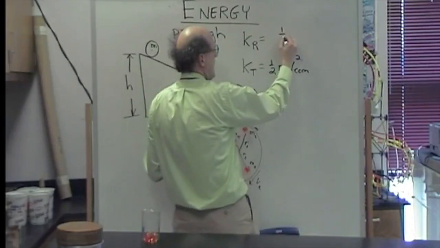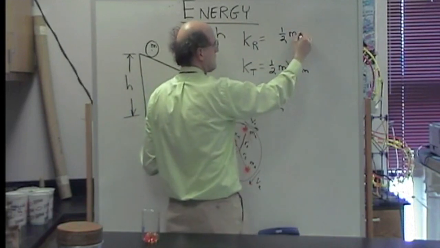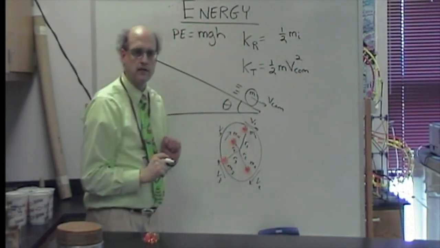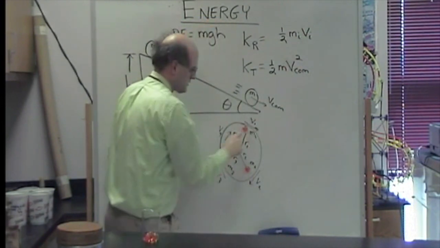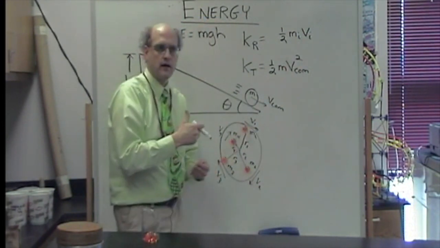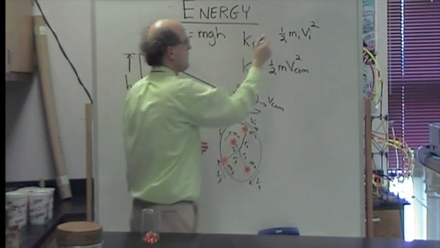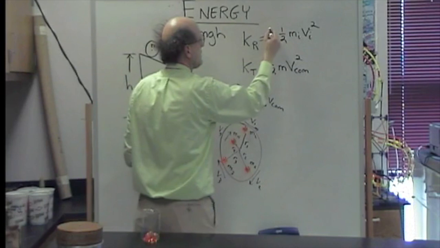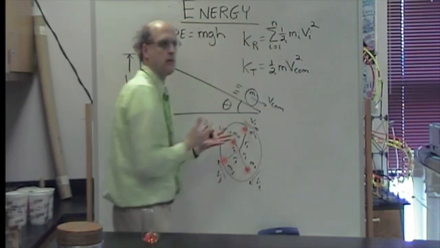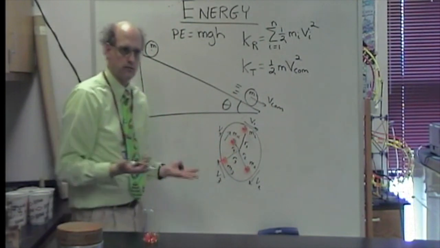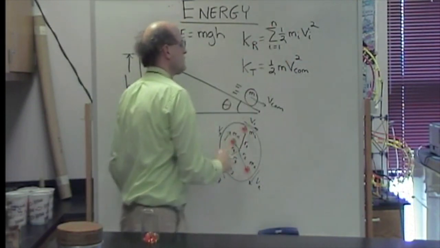So I would take 1/2 times the mass of each piece, mi, times the speed of each piece, vi, square it, and then add all those kinetic energies up from 1 to however many there are, probably thousands. So that's the kinetic energy due to rotation.